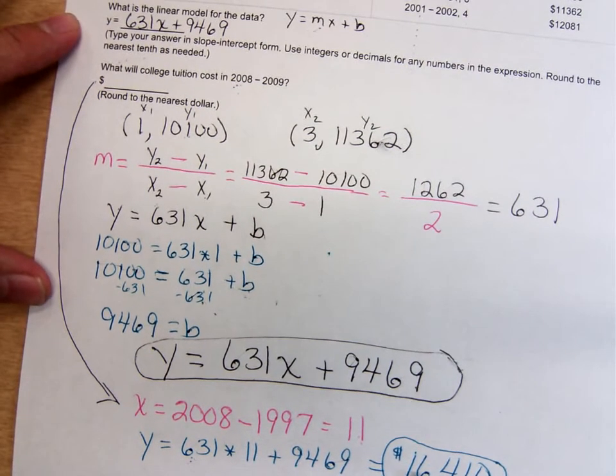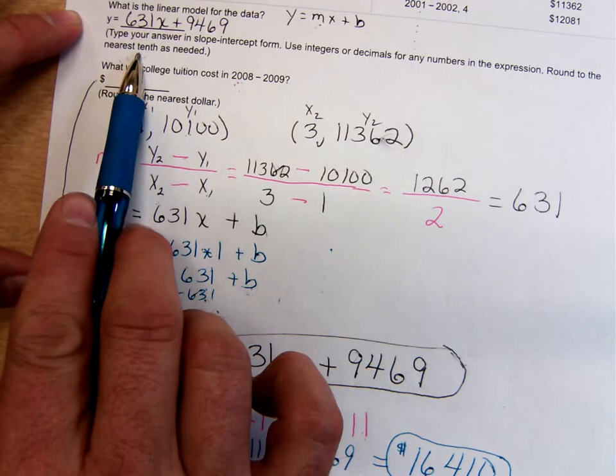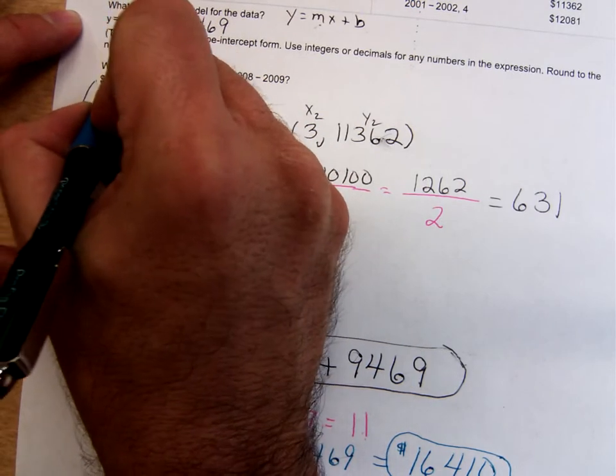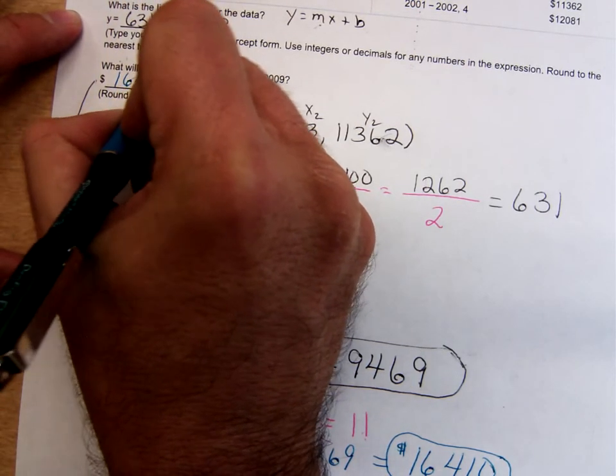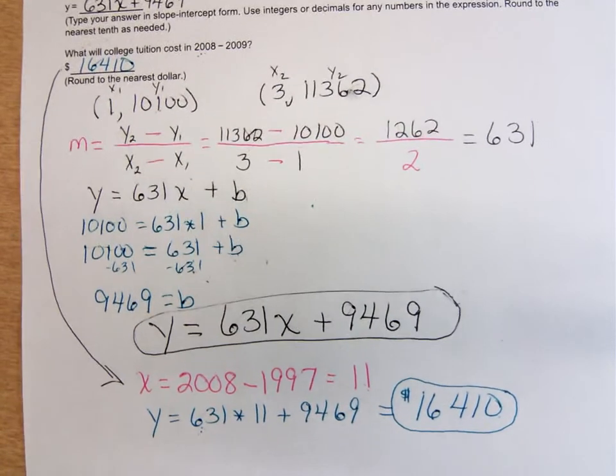So mine is already dollars, but if you had some decimal points up here, you could have had one decimal point after your answers. Then you might have to round a little there. 16,410.